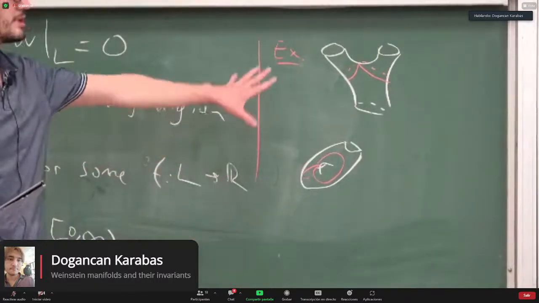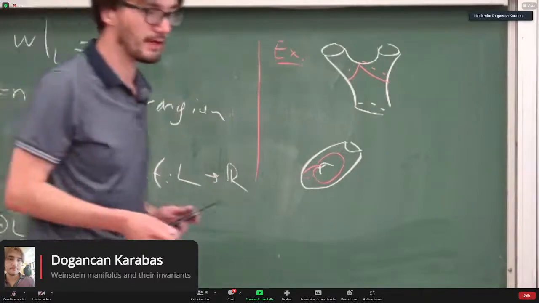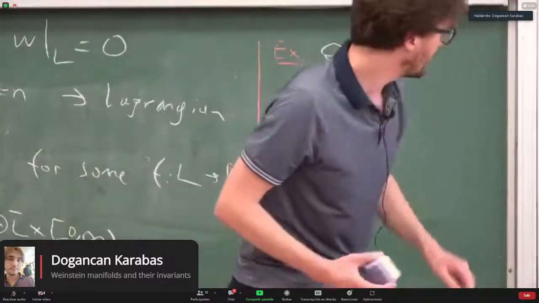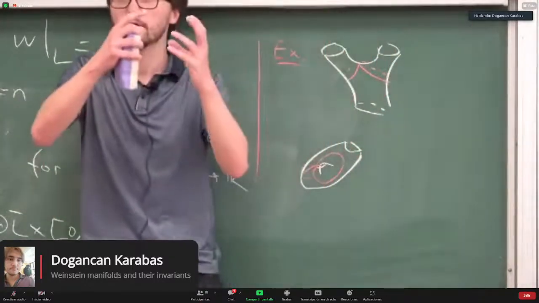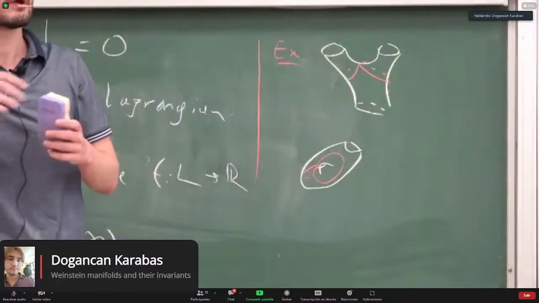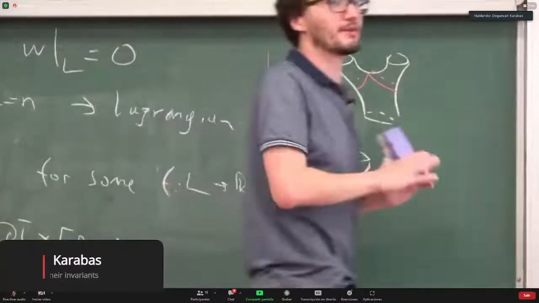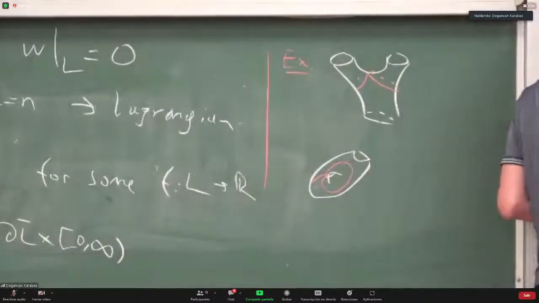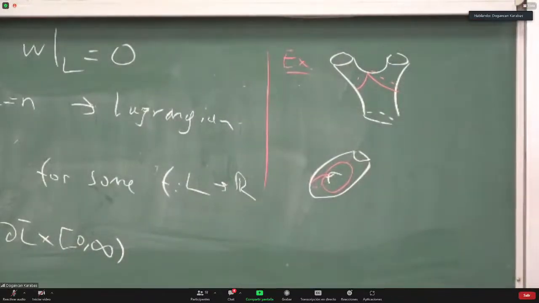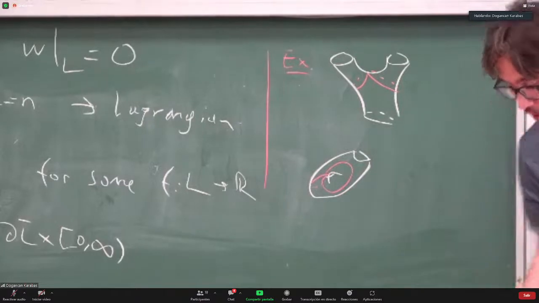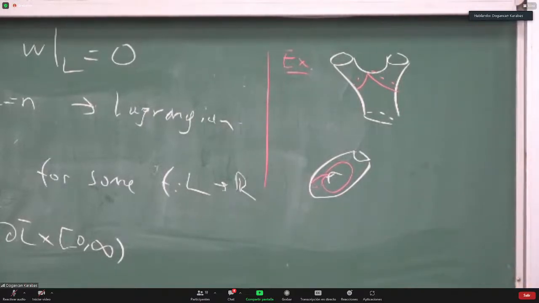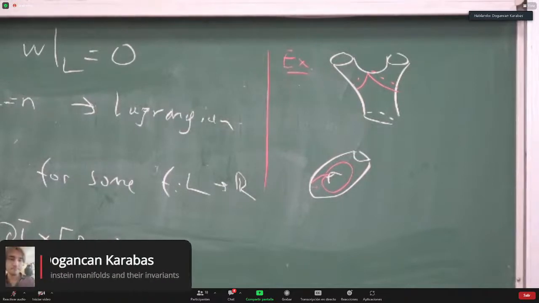So I'm saying the topological type of this skeleton is not enough, you definitely need the neighborhood of it. In dimension 1, maybe I keep this discussion here for people who are more familiar with algebraic geometry. If you have a smooth complex affine variety, then that gives you an example of a Weinstein manifold up to some notion of equivalence.